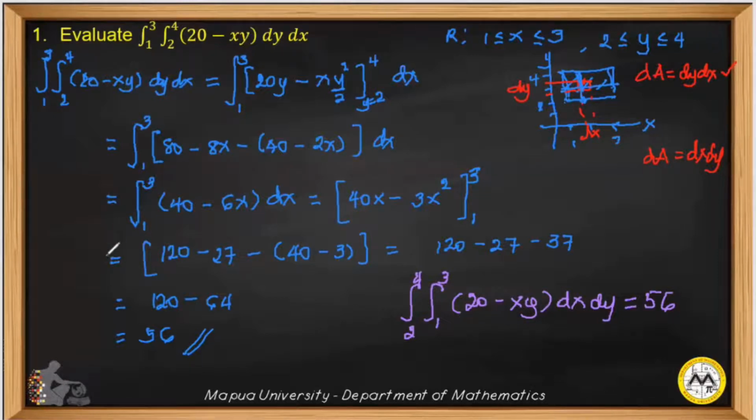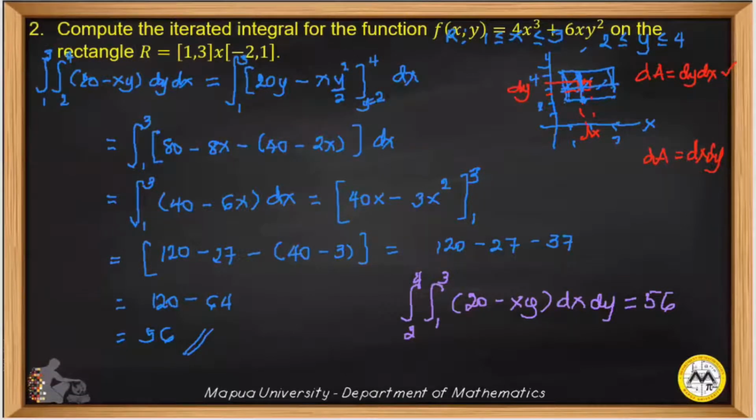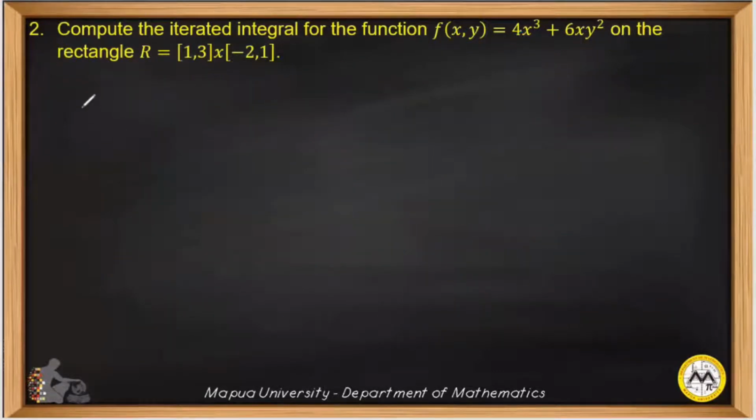Okay, let us go further, and this time let us consider the second example. Compute the iterated integral for the function f(x,y) equal to 4x cubed plus 6xy squared on the rectangular region R. Okay, the closed interval x is the closed interval from 1 to 3, and y goes from -2 to 1.